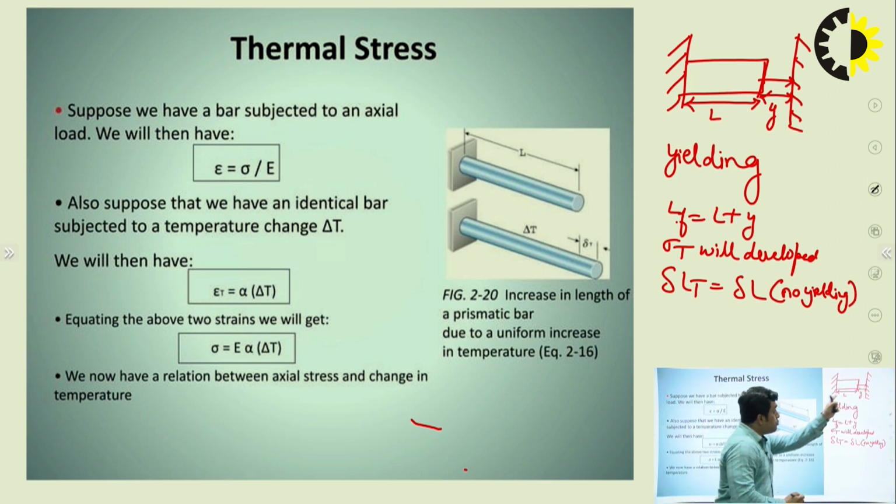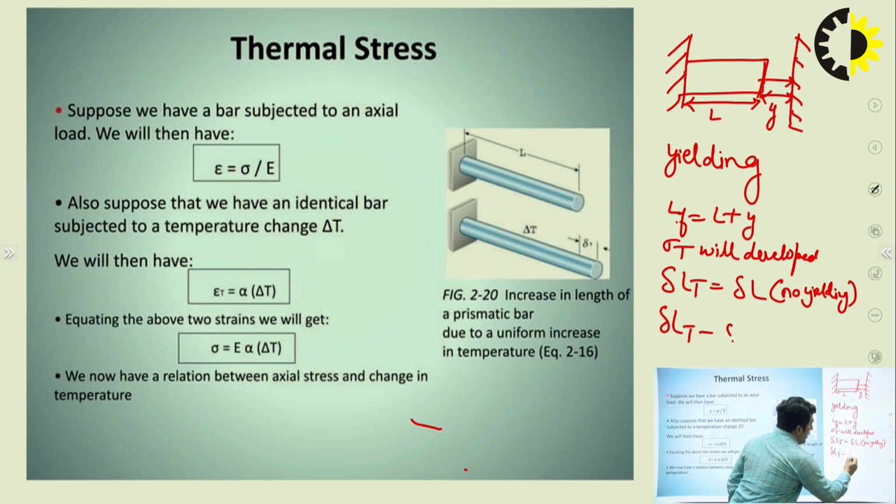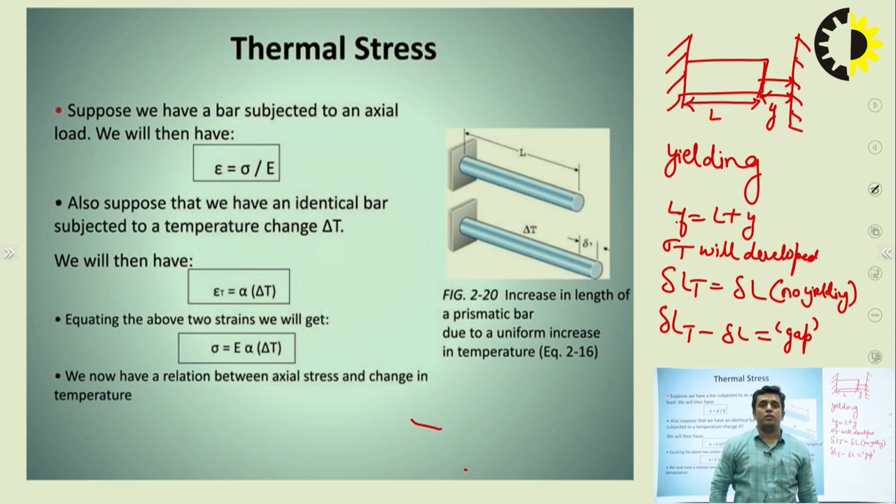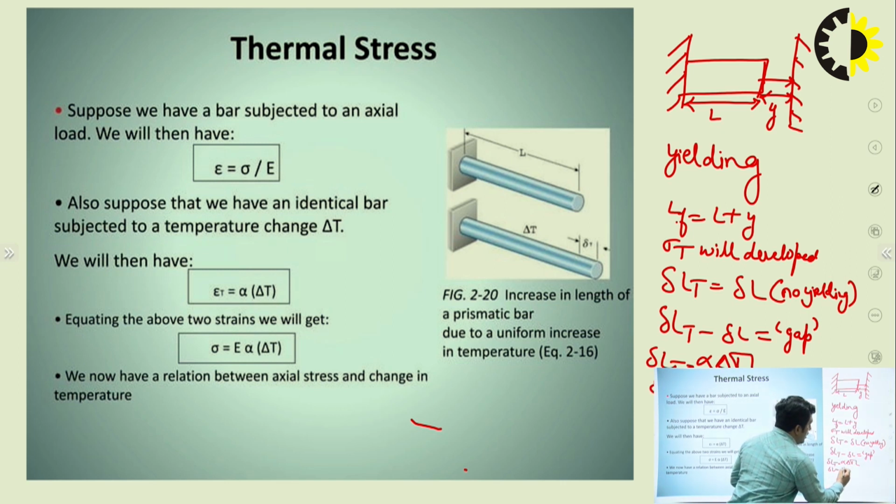But when there is partial restriction, then delta LT minus delta L will be equal to that gap or Y value mentioned in the question. Whenever there is full restriction, this equation is used: delta LT will be given by alpha delta TL, and delta L will be given by PL upon AE.